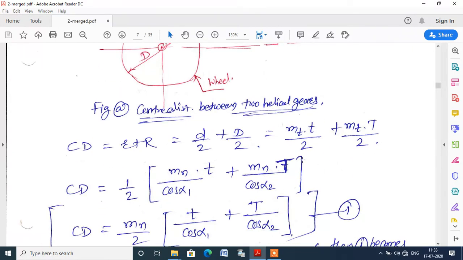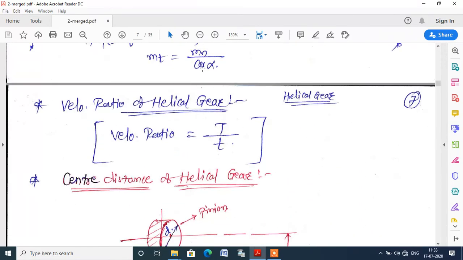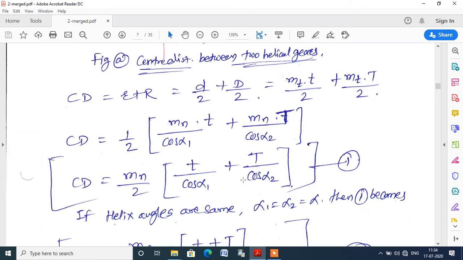Taking one half common, and knowing that transverse module equals mn upon cos alpha, it becomes mn upon cos alpha 1 into t, where alpha 1 is the helix angle of the pinion, and mn upon cos alpha 2 into capital T, where alpha 2 is the helix angle of the gear wheel. So we finally get center distance equal to mn by 2 into bracket t by cos alpha 1 plus capital T by cos alpha 2. This is the equation of center distance.